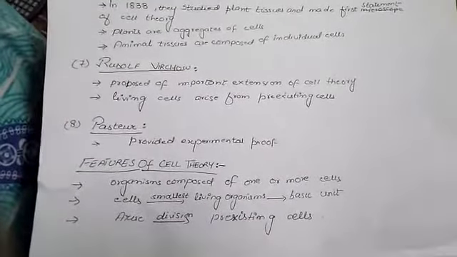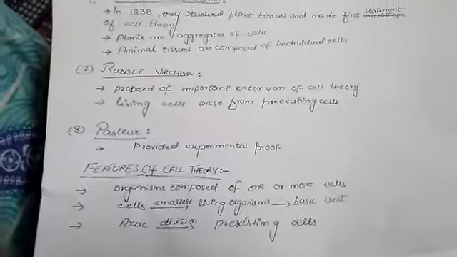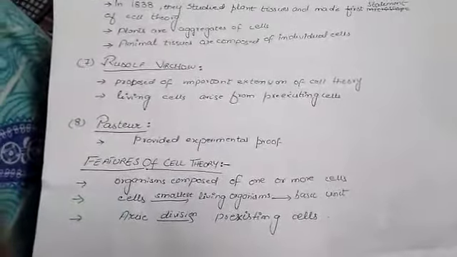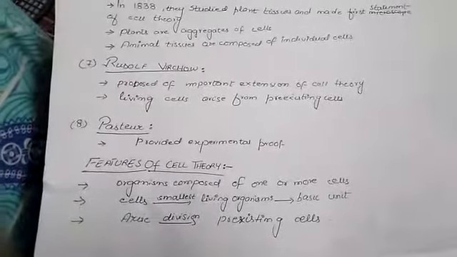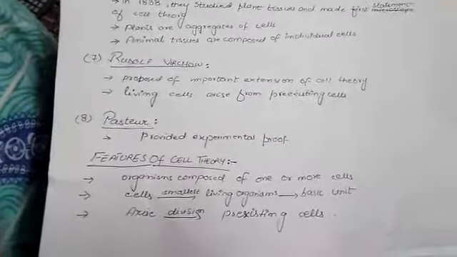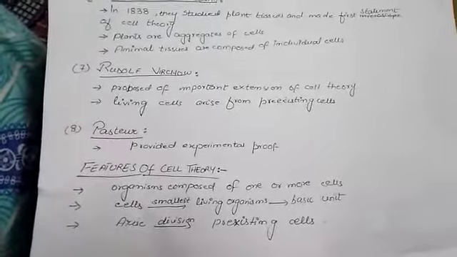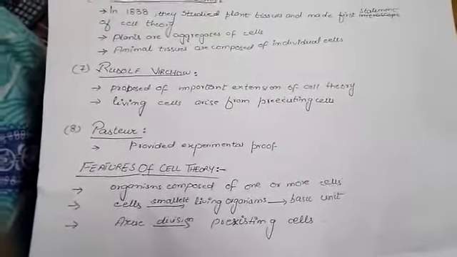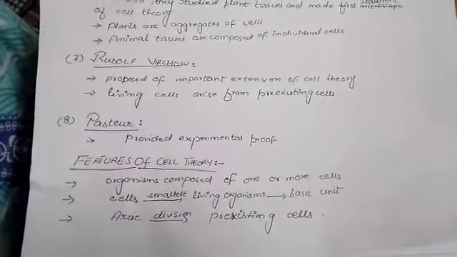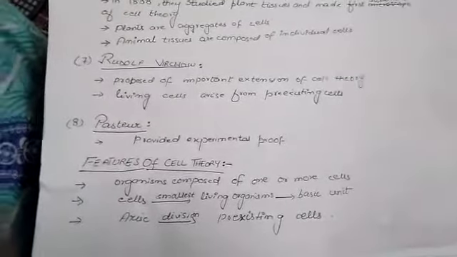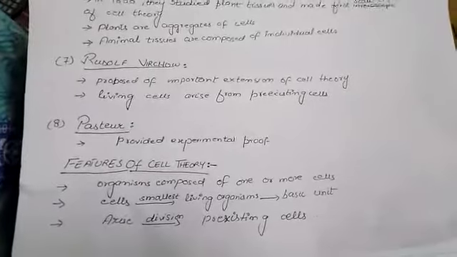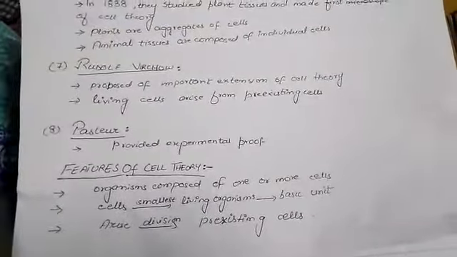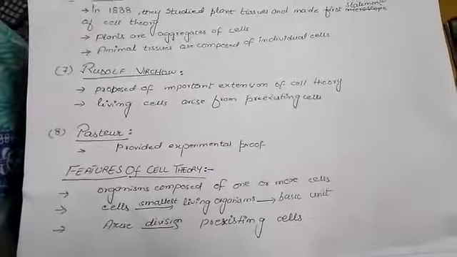Aggregates means clusters of individual cells which are fully independent, so aggregates of different individual cells make a plant. One year later, in 1839, a German zoologist, Schwann, reported that all animal tissues are also composed of individual cells.